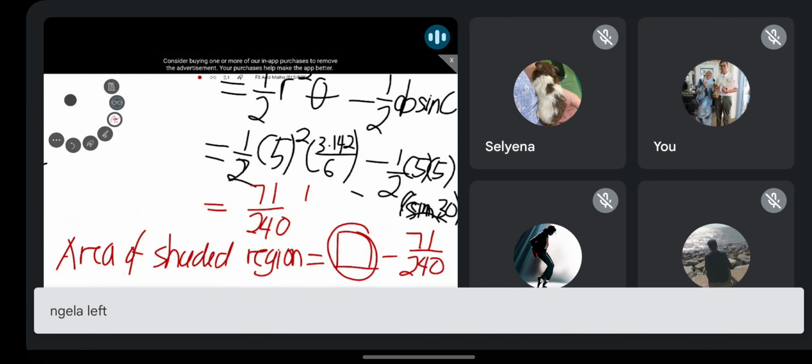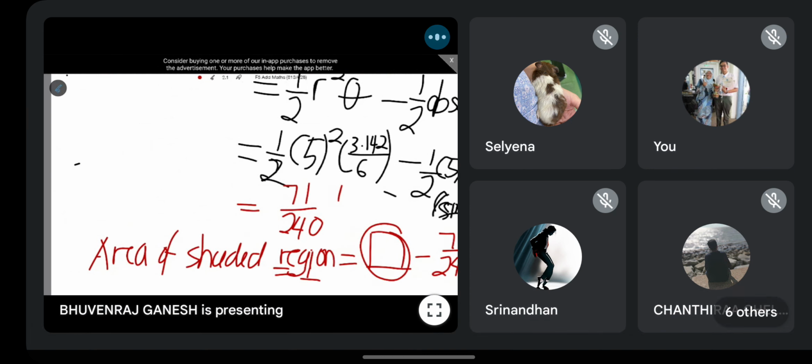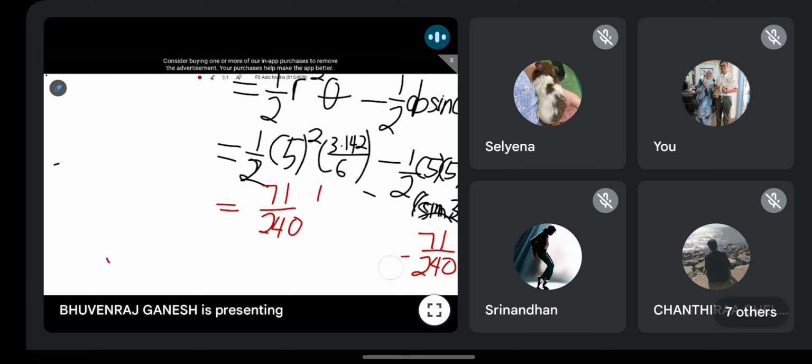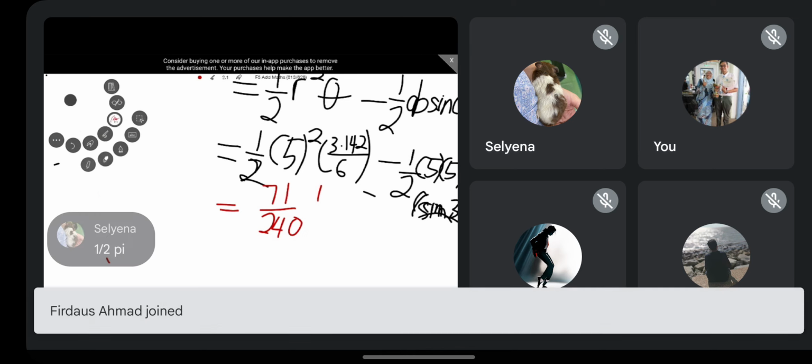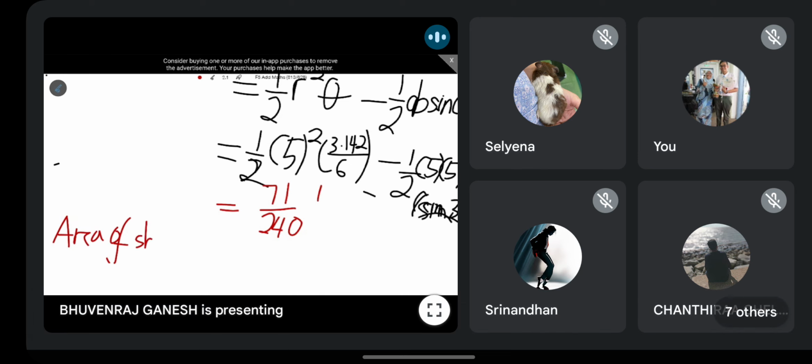Okay, 90 degree, how many in radian guys? Can you tell me? Half. Sana, saya kena tulis sekecil sikit. 90 darjah dalam radian. Can anyone tell me? Apa nilai dia? Area of shaded region. Yes. Okay, ingat nilai tu.